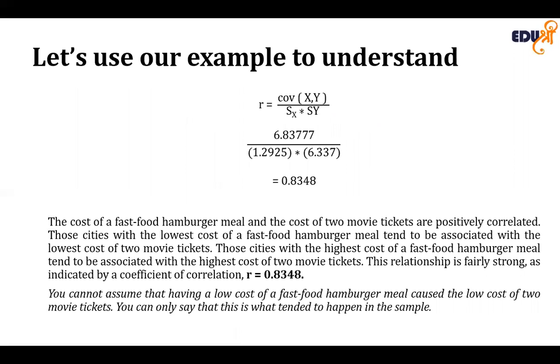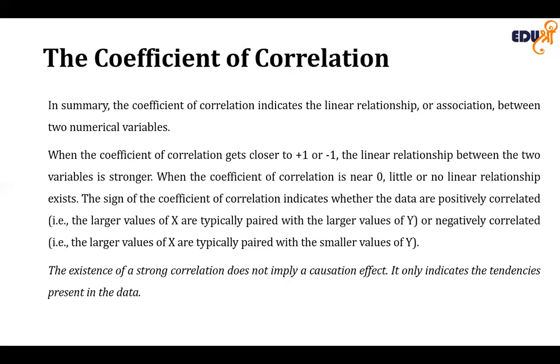So you cannot assume that having a low cost of a fast food hamburger meal caused the low cost of a movie ticket. You can only say that this is what tends to happen in the case of the sample.